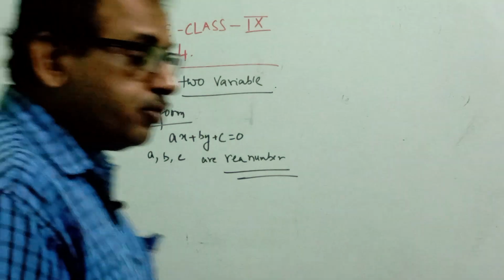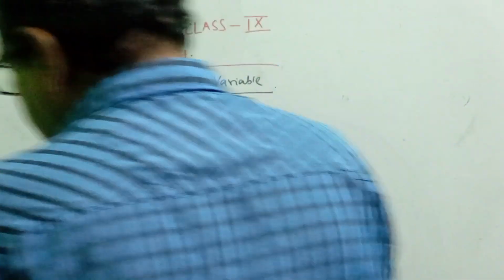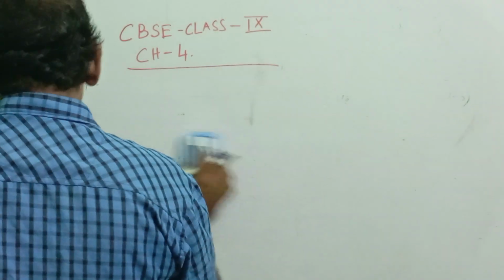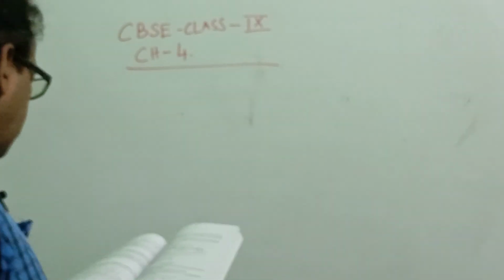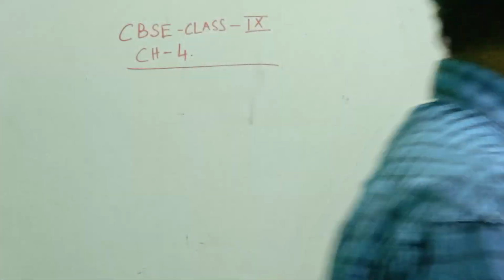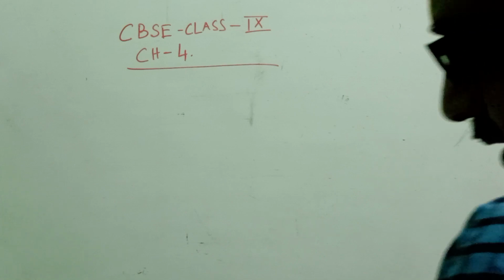Now, if you go through example 1, what are the examples they have given? The question says: write each of the following equations in the form ax plus by plus c is equal to 0 and indicate the values of a, b, c.